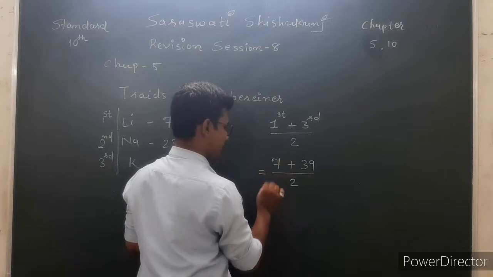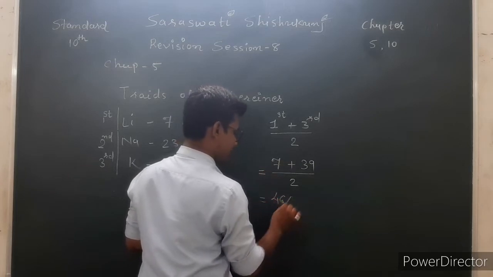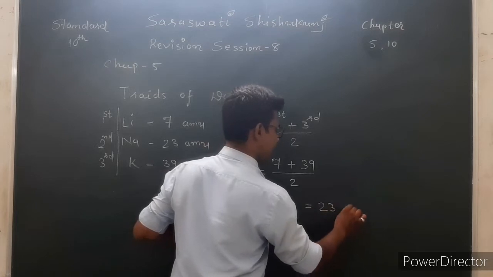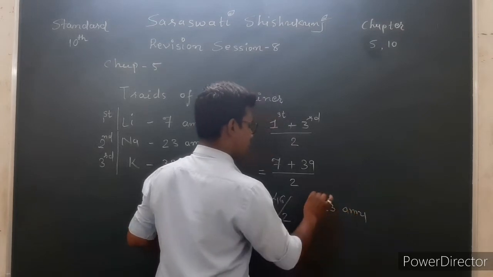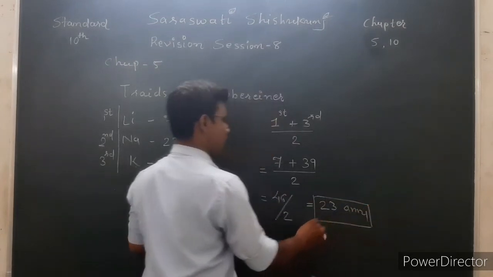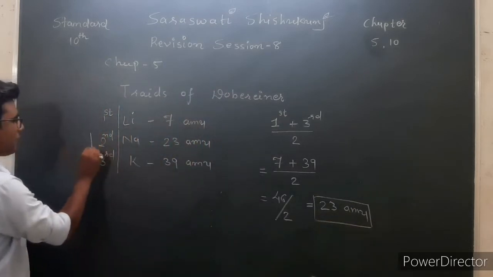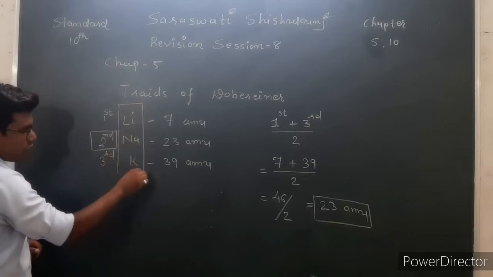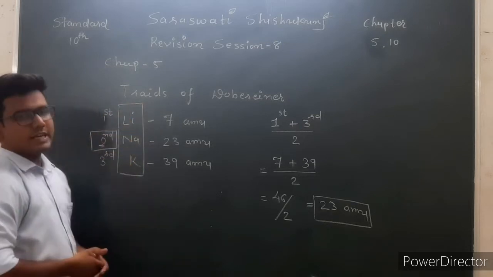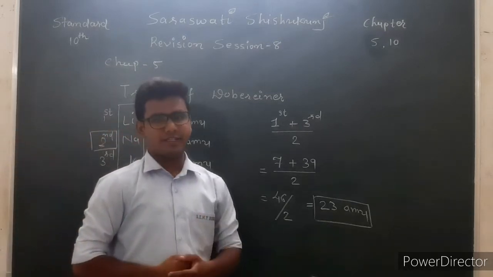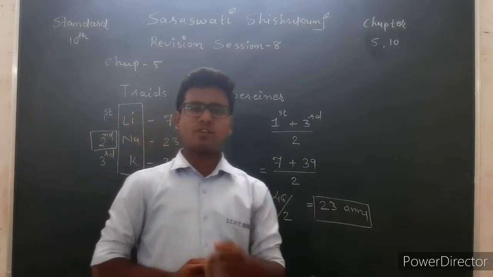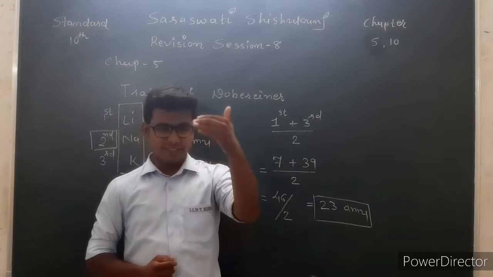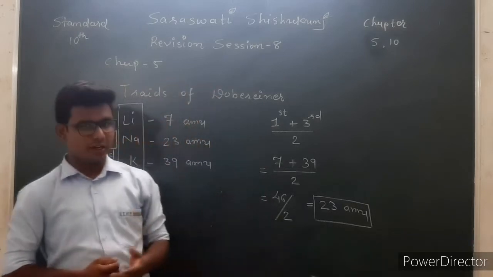We get 46 divided by 2. Our answer will be 23 AMU. Now this 23 AMU is the atomic mass of the second element. So this way Dobereiner prepared triads of 3 elements in which the atomic mass of the second element is the average of the atomic masses of the first and third elements.